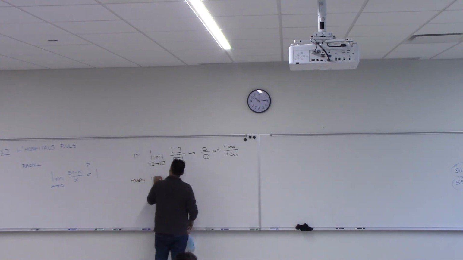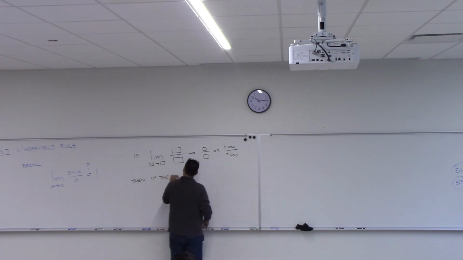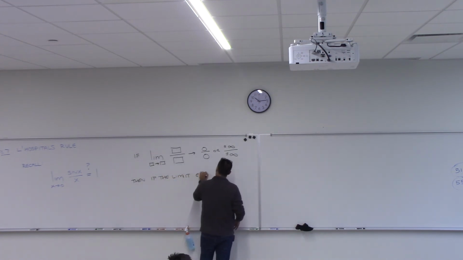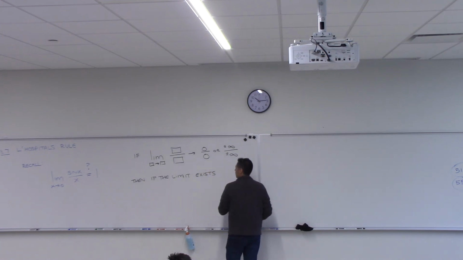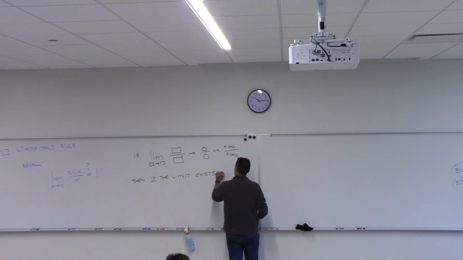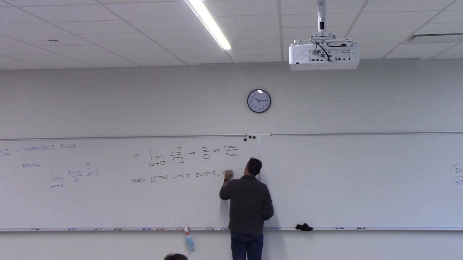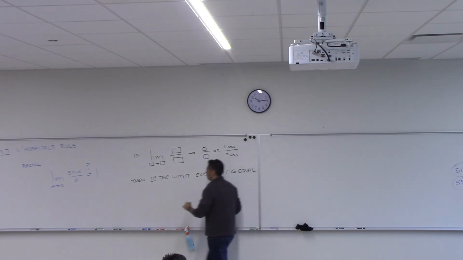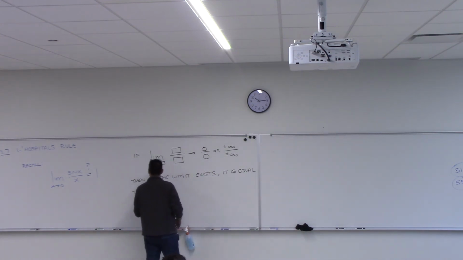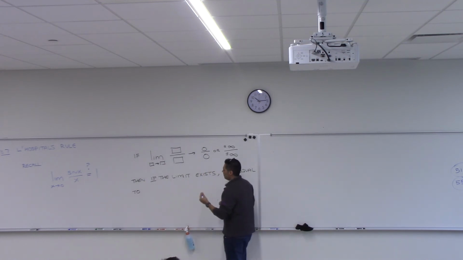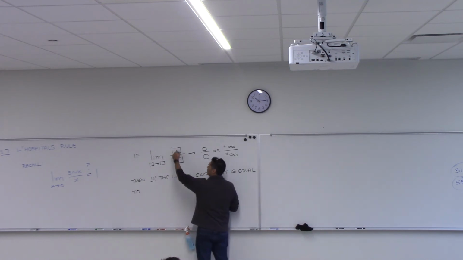if the limit exists, because it may not, if it does, it is equal to, and just for the sake of making this easier to understand, we have some numerator and denominator.